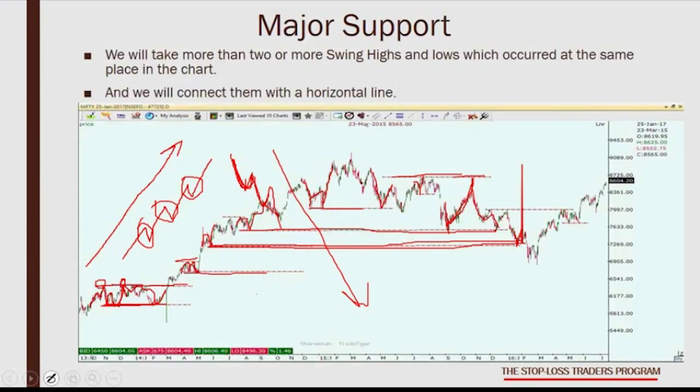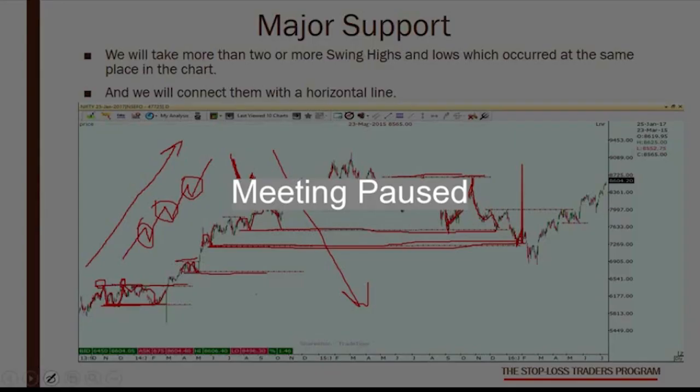So what happens if there are more sellers and less buyers? The price generally falls down.